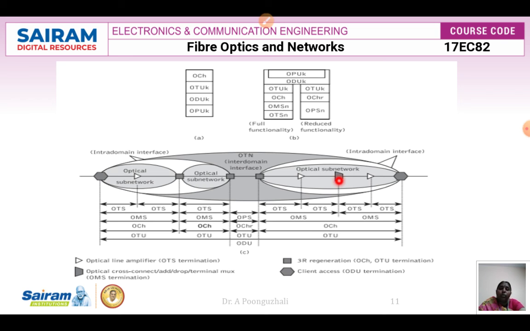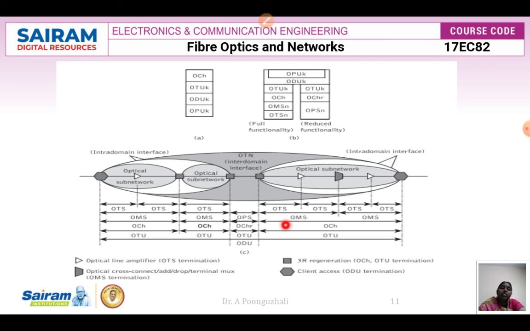So your OMS termination: from this node to this optical amplifier I need one optical transmission system, and from this optical amplifier to this multiplex network I need another OTS, and these two can be combined as a multiplex. So here we say it is your optical multiplex system termination.